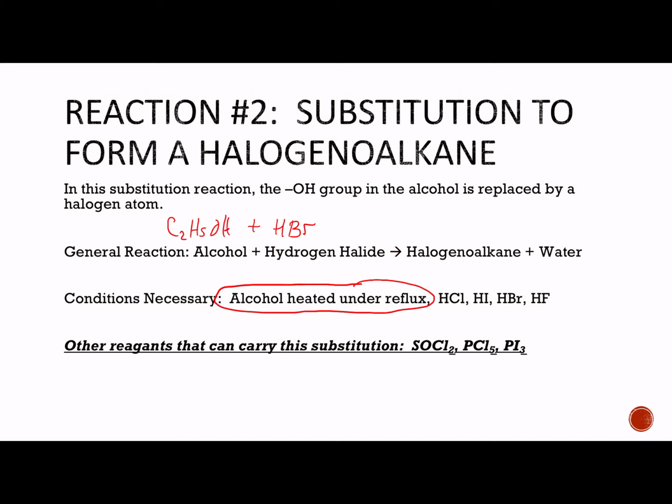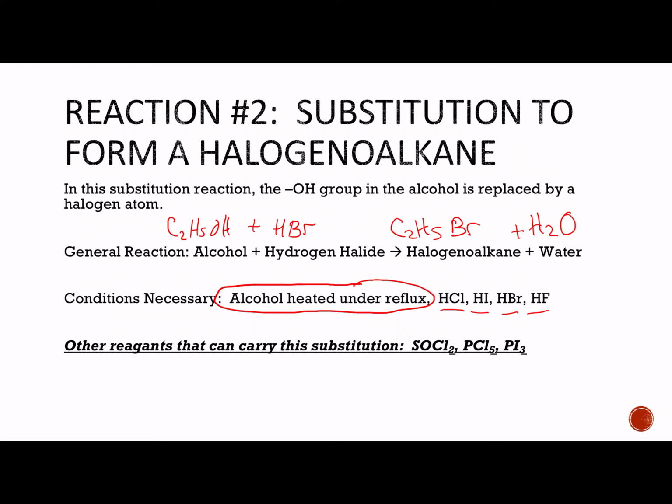All right, so general reaction: alcohol plus a hydrogen halide gives a halogenoalkane plus water. You need one of these strong acids, and you do need to have a high concentration of strong acid, because if you just have a small amount, the reaction won't happen.